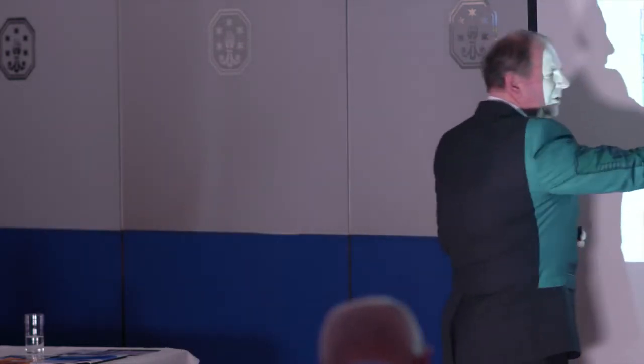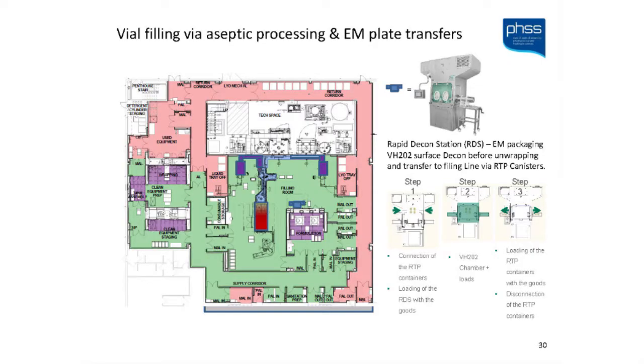At the same time, they do the rapid transfer port canisters, which can connect into a line at any point to give you delivery and collection of the microbiological growth media plates. That gives you flexibility and stops the challenge, particularly on campaigns, of getting materials in and out without compromising the grade A environments.